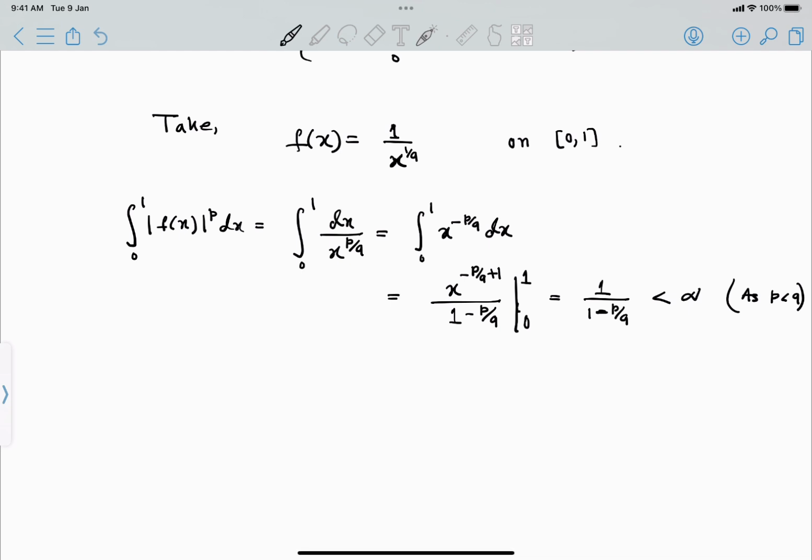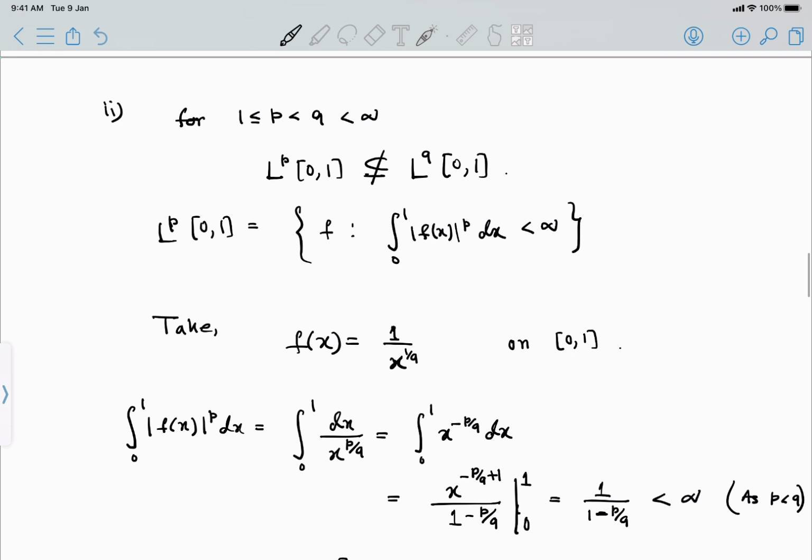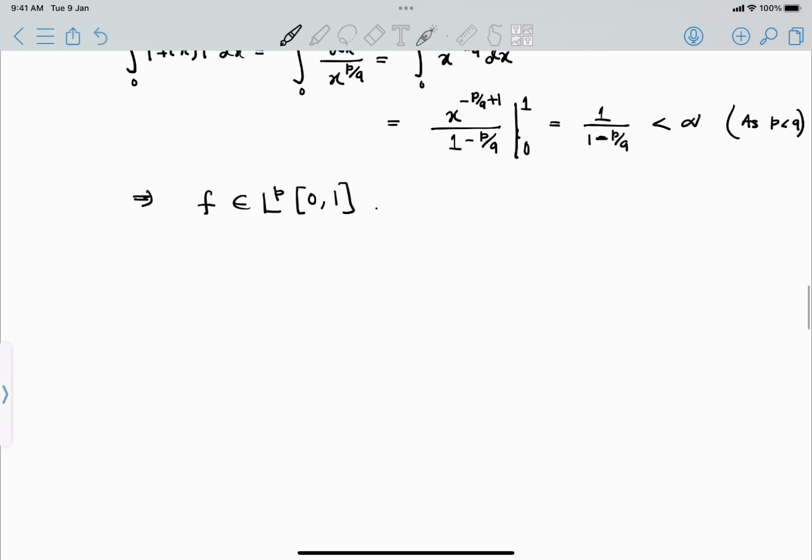As the p-th integral is finite, f is in Lp(0,1). Now let's check whether this is in Lq or not. The integral from 0 to 1 of |f(x)|^q dx is the integral of dx by x.